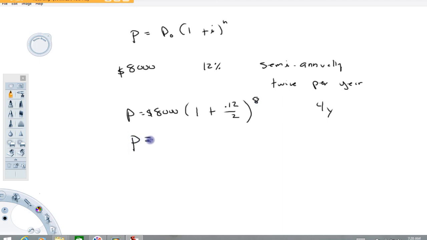And I get $12,750.78 out of that. So this person has done pretty well. 12% is a pretty darn good interest rate, and we're talking about after 4 years. So yeah, they made some money there.